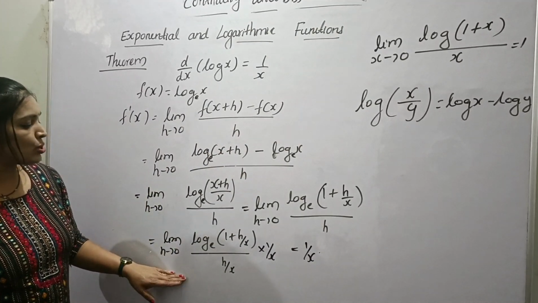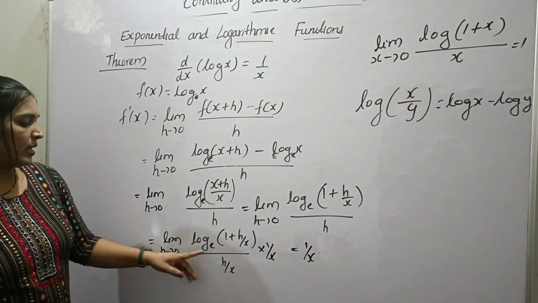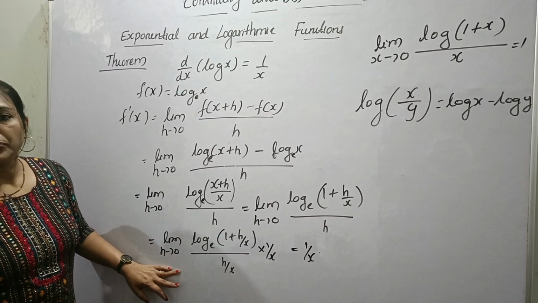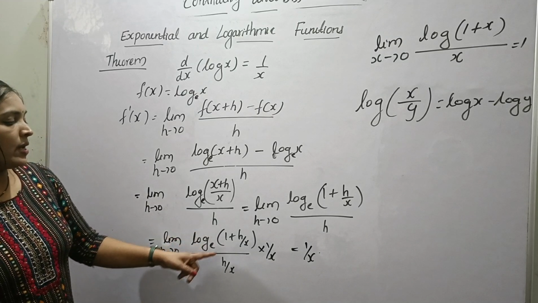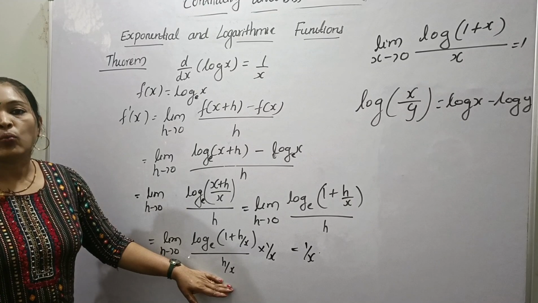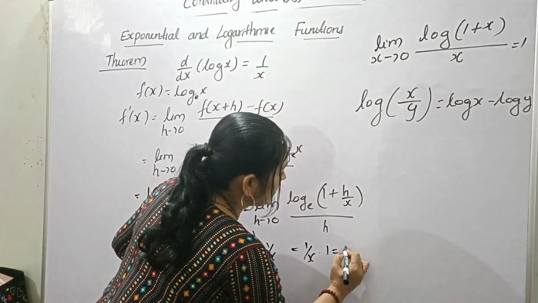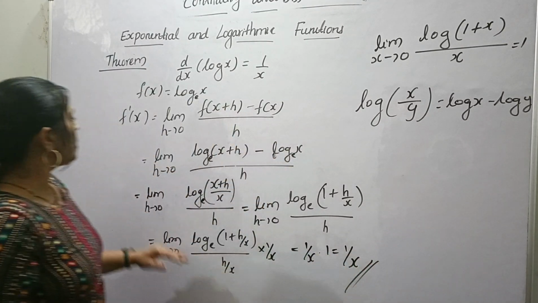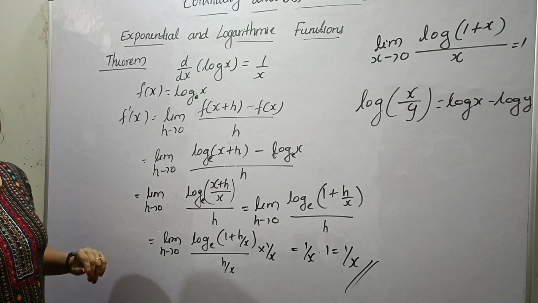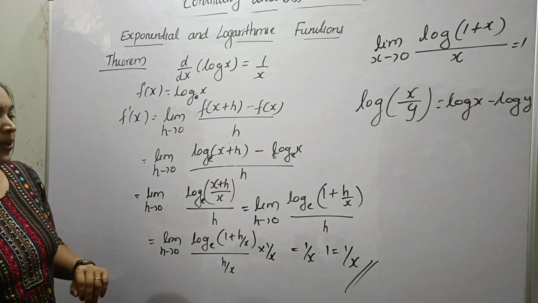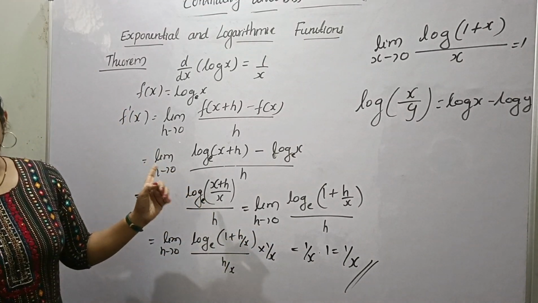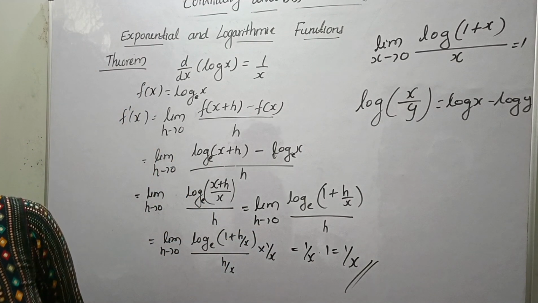Here, if h tends to 0, then h by x also tends to 0. So it is 1 by x into 1, which is equal to 1 by x. Therefore f dash of x is equal to 1 by x. If f of x is equal to log x base e, then f dash of x is equal to 1 by x. That is, the derivative of log x is equal to 1 by x.